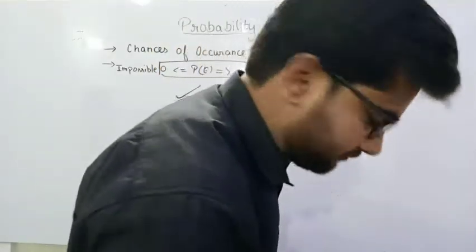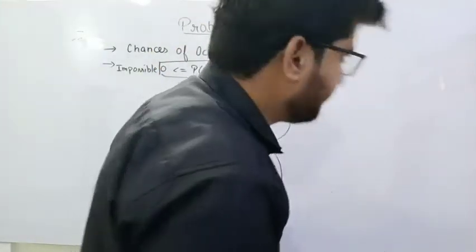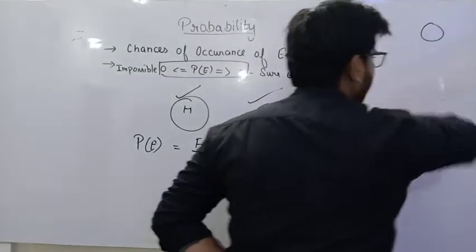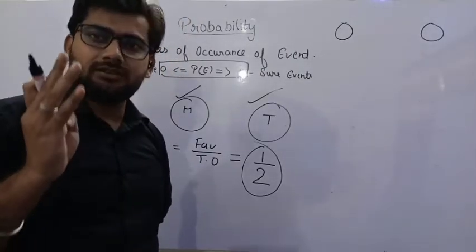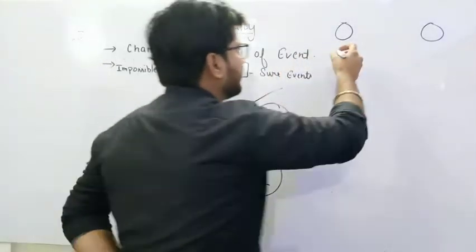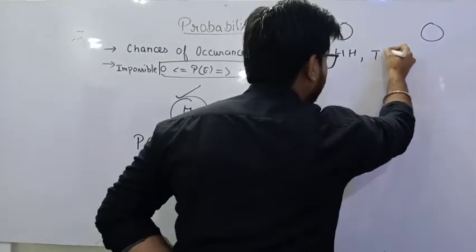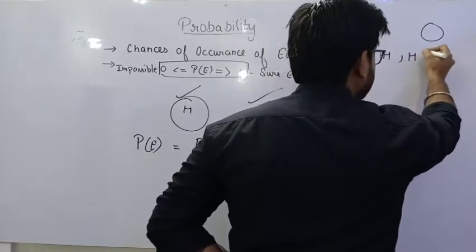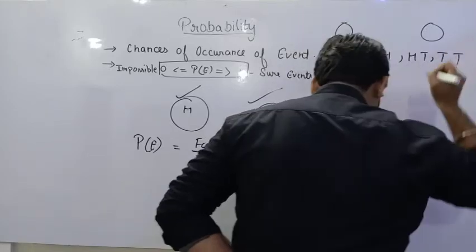So we can take 2 coins at one time, coin number 1 and coin number 2. And there will be 4 total outcomes: either head plus head, or tail plus head, or head plus tail, and last tail plus tail.